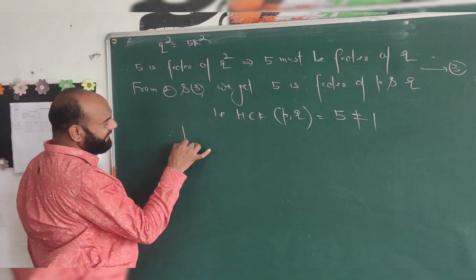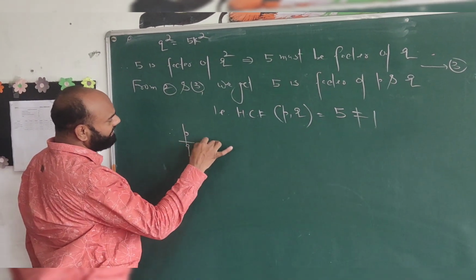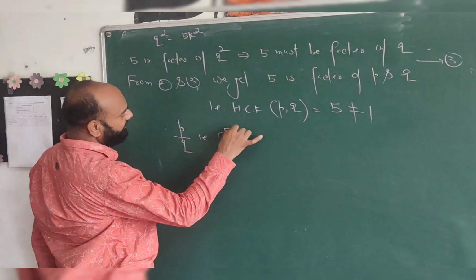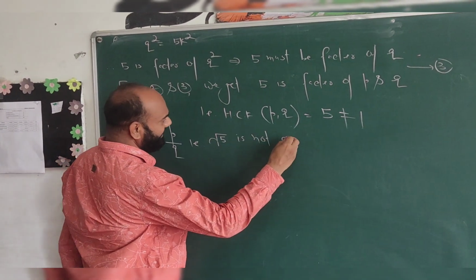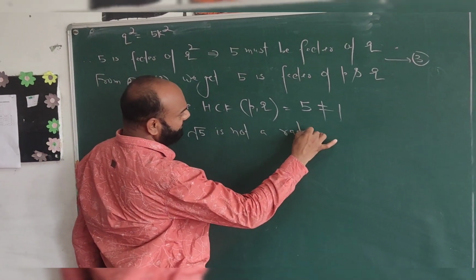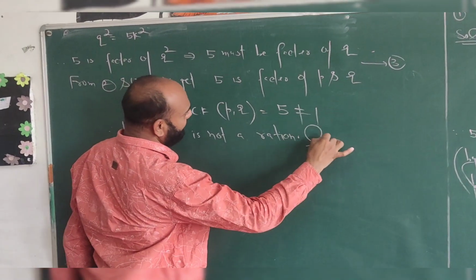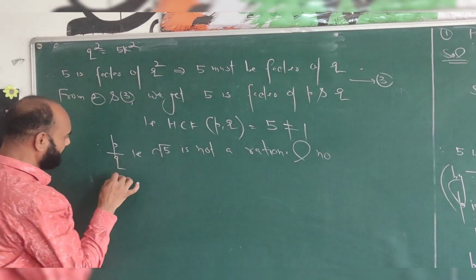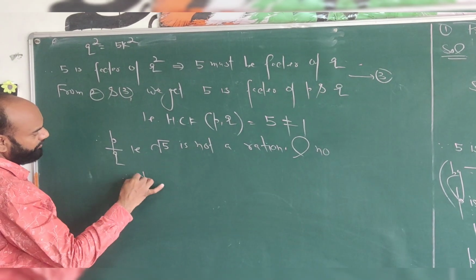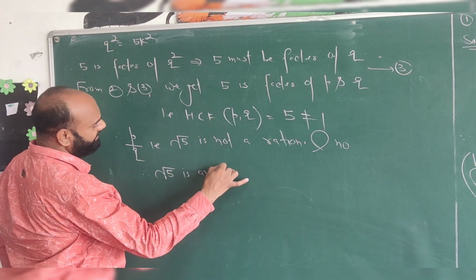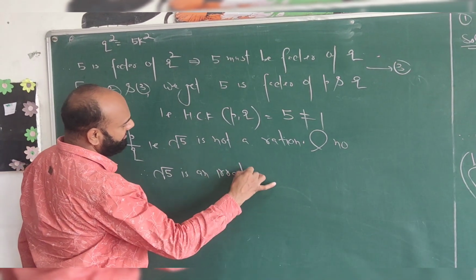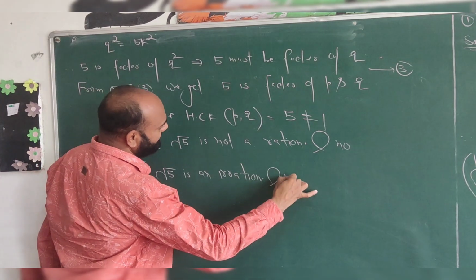So we can say that p upon q, that is root 5, is not a rational number. So root 5 is an irrational number.